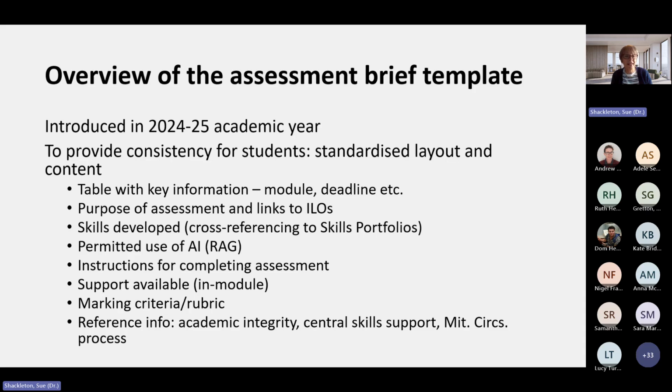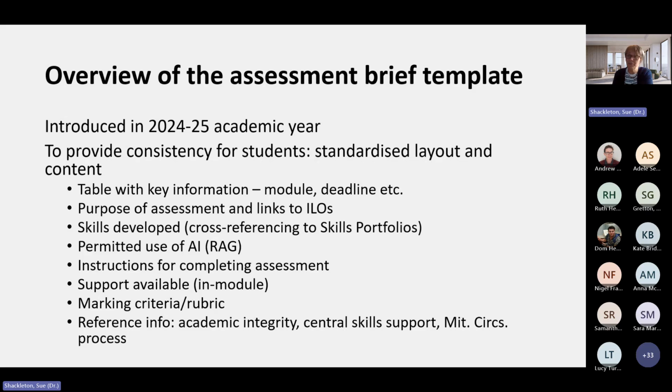Linking to that, there's also a section on the skills that are being developed. Staff can select from a long list of different skills which ones are actually being developed in that particular assessment, and that cross references to the skills portfolios that we were talking about earlier. We have a section explaining how students can use AI or whether they can use it, so a red, amber, green system we use there.